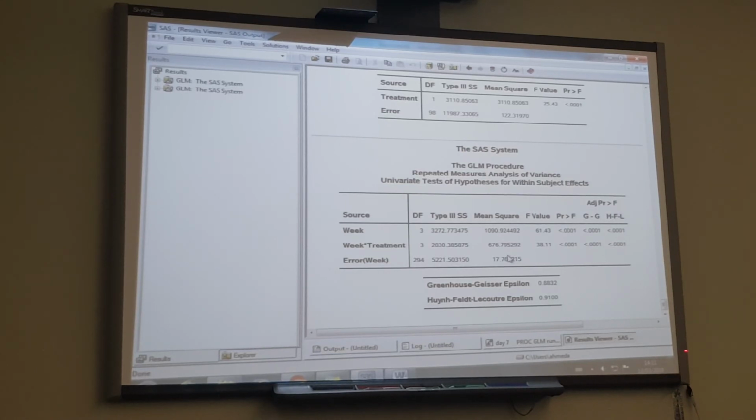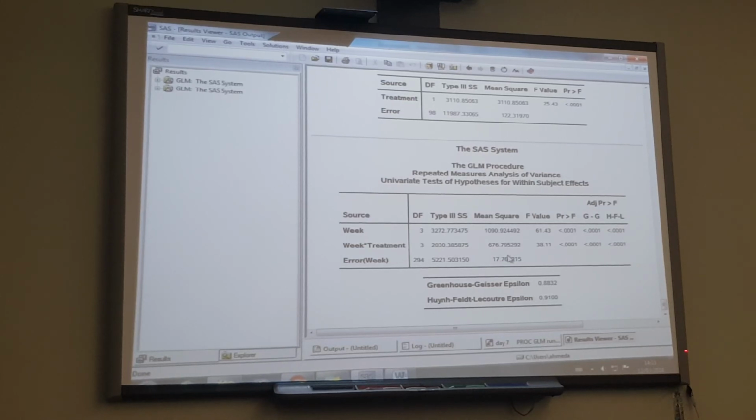Can you repeat? There is significant difference between treatment. Remember the treatment is 2, A and B, placebo and active treatment, over the 6-week period. The p-value for Greenhouse-Geisser is 0.0001.